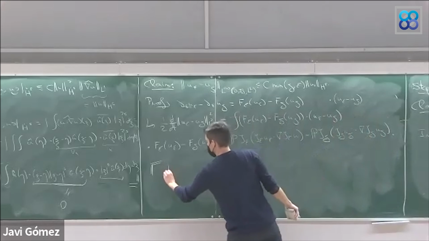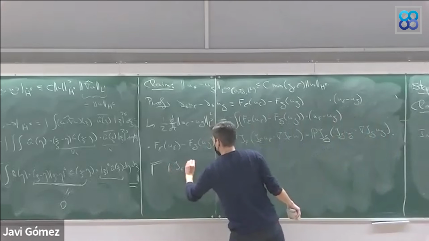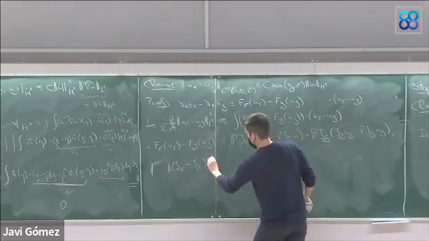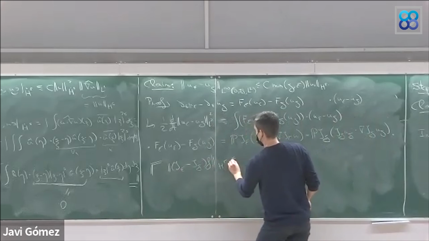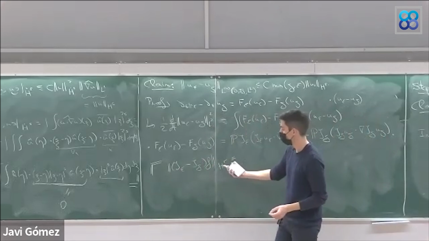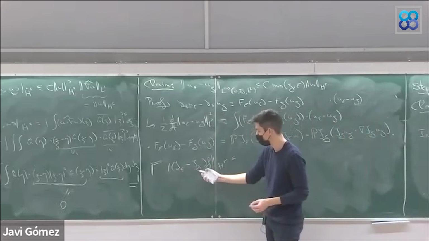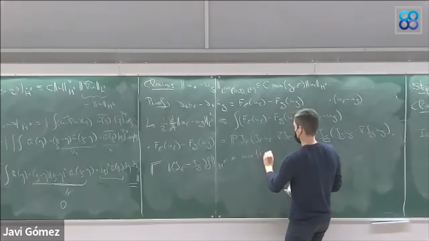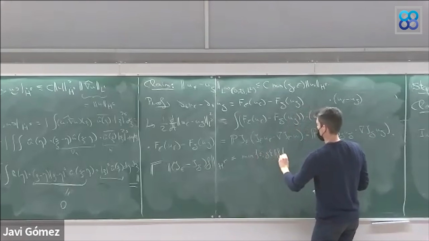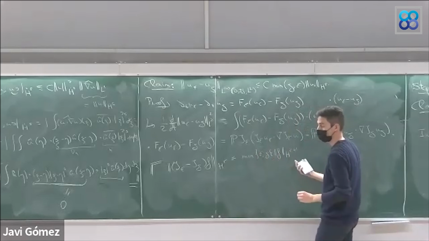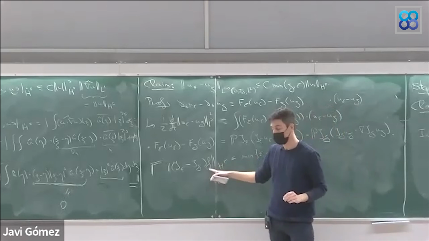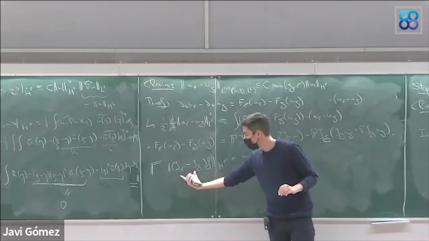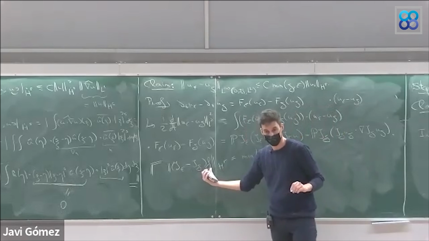So when we have a difference like this in some sort of space, then we can bound this by the minimum of this parameter. Apply the mean value theorem and move the derivatives to F.